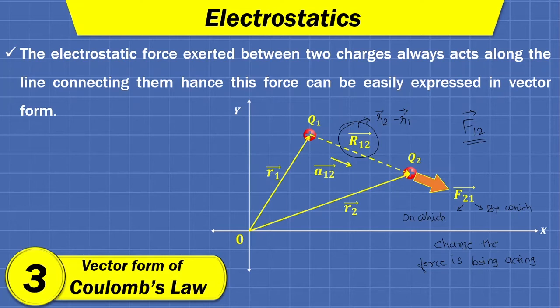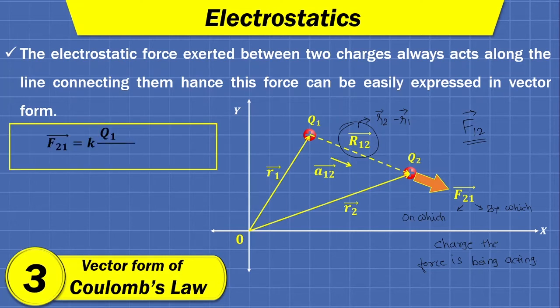So by such information, F21 bar can vectorially be represented as k into q1 into q2 divided by modulus of r12 squared. So this is nothing but the distance between q1 and q2. As we know that this force is inversely proportional to the square of the distance, so modulus of r12 squared.